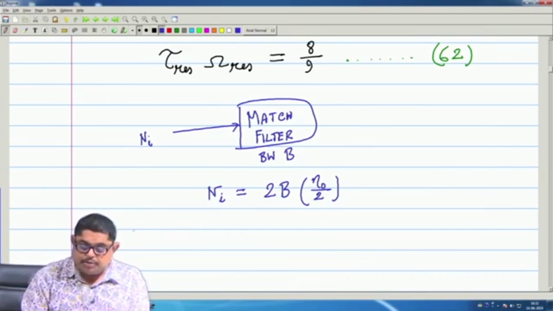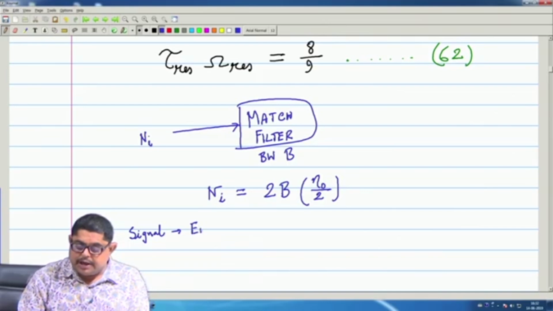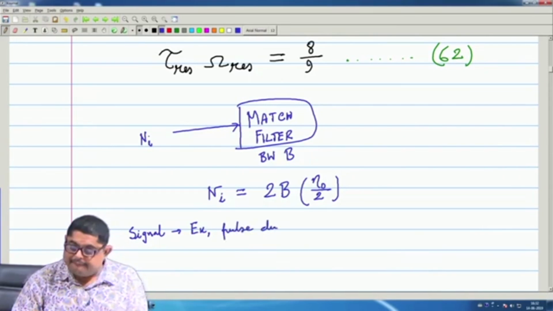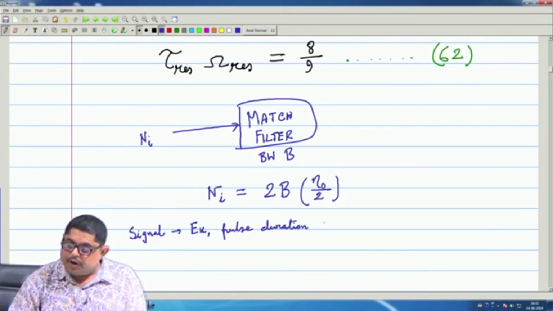And suppose the signal has energy Ex and the pulse duration is tau resolution.